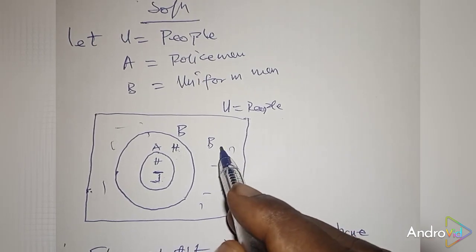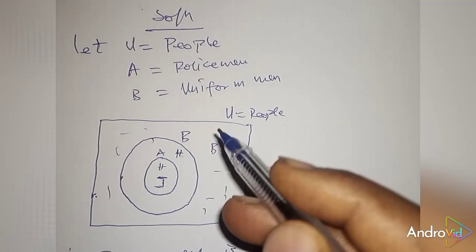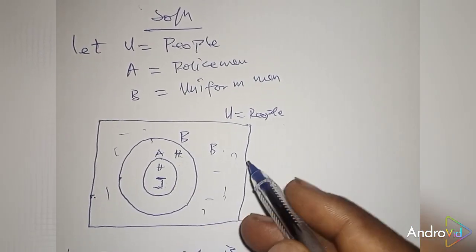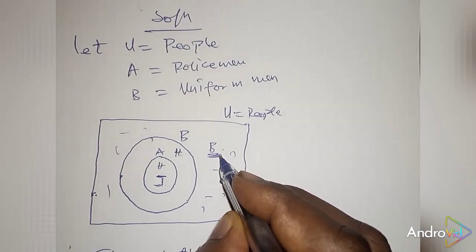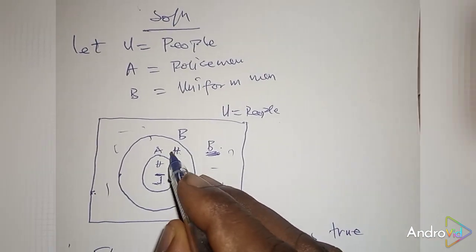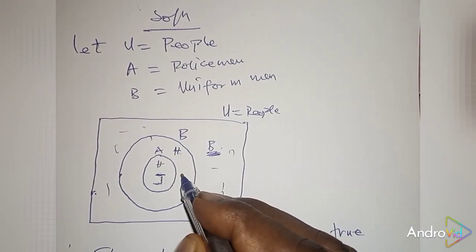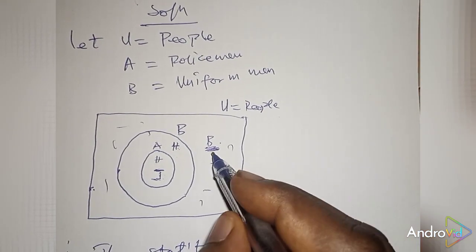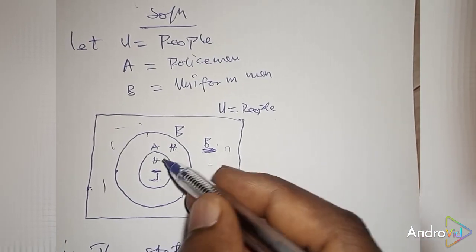Okay, so she will be here, and the statement says that Benedicta does not wear uniform, therefore she is not a policewoman. So since she is here without uniform, there is no way she can be found in region A to become a policewoman, right? So we can say that this statement is always true, because once she's not in uniform, automatically she can't be a policewoman.